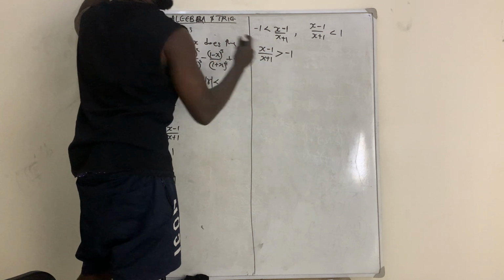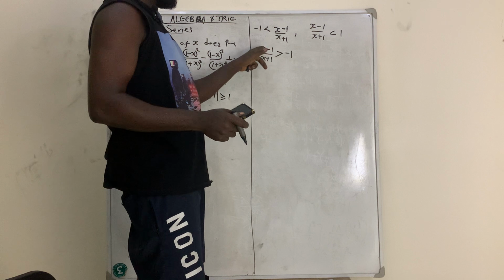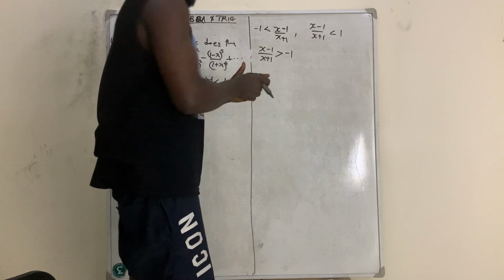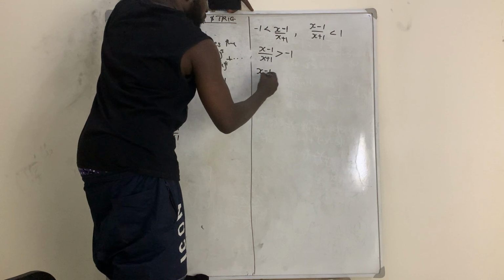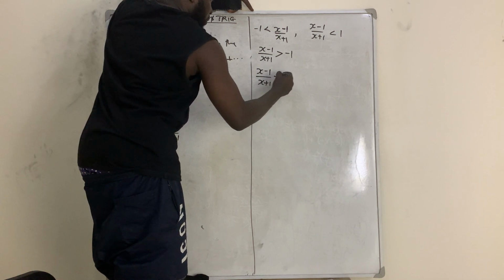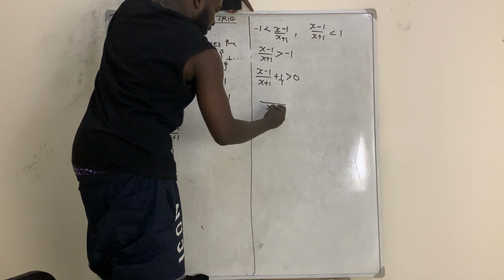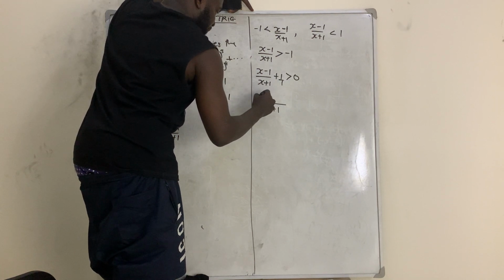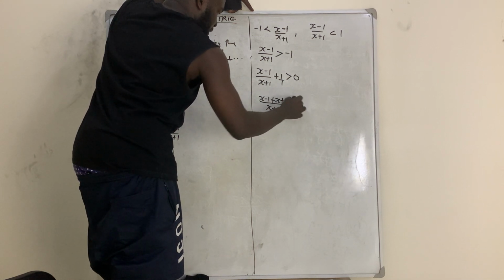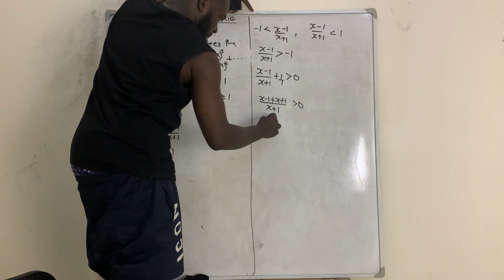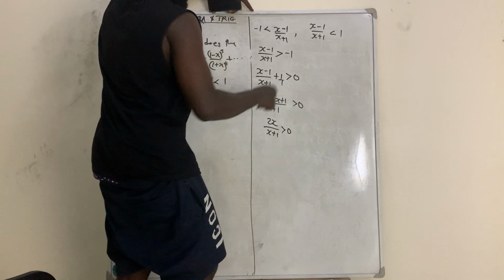Let me bring this one to this side. I'm going to have (x minus 1) over (x plus 1) plus 1 is greater than 0. If you do LCM, you have (x minus 1) plus (x plus 1) over (x plus 1) is greater than 0. So this is gone, and I'm having 2x over (x plus 1) is greater than 0. So let's do the same thing here.